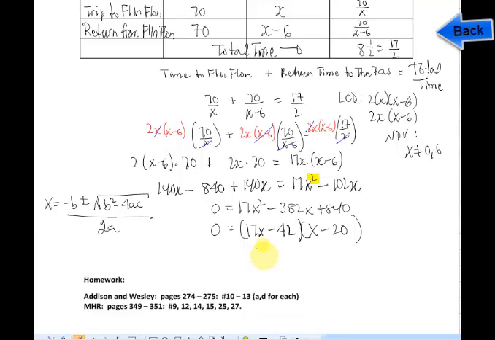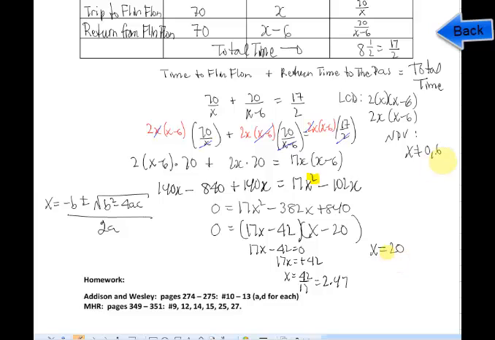Okay, so when I solve for x, the first solution that I get is 42 over 17, which works out to 2.47. And then x equals 20. So here are two possible answers, 2.47 and x equals 20.